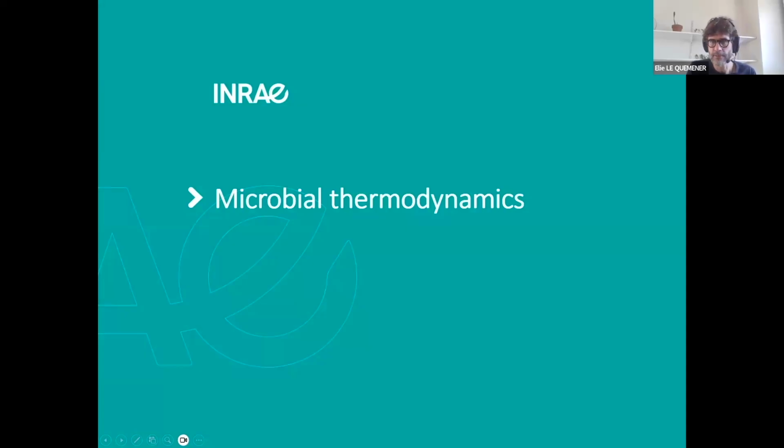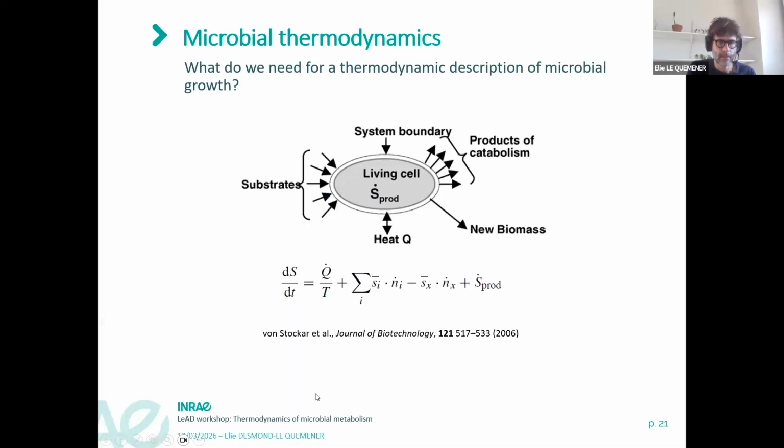So the next part is to make the link between this thermodynamic calculation and the microbial metabolism and the yield, meaning the yield of microbial growth. So just to come back to the cell, if you look at the bacterial cell, for example, you can make a balance on this cell and consider it as a thermodynamic system.